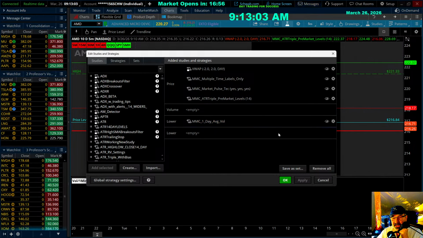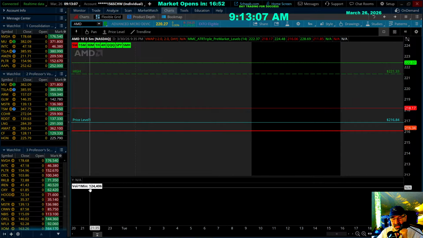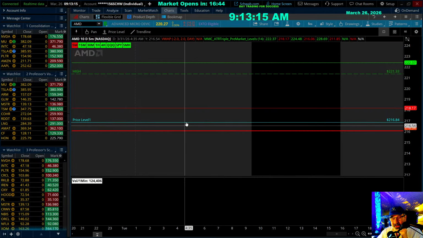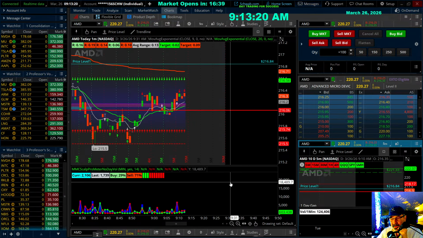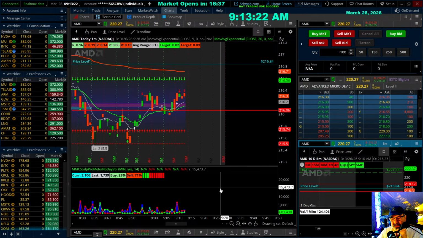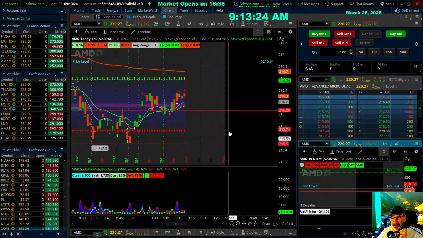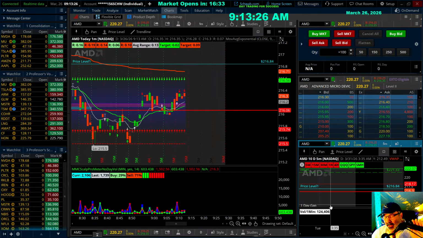So I can see on every stock when I move to it how much, taking an average over a 14-day period, is 124,000 per 1 minute. Right now, it's lower than that. Where did I see that on the other chart? Oh, on the day chart, I guess. Anyway, you're looking for it to be at least over 50,000.